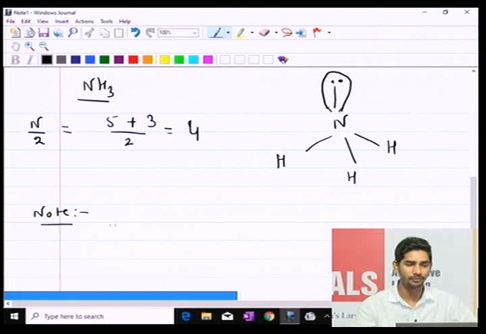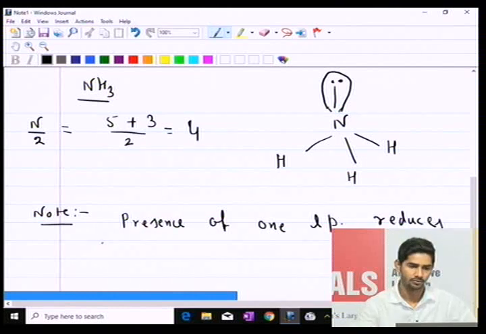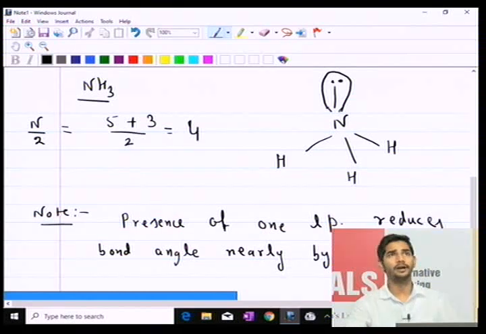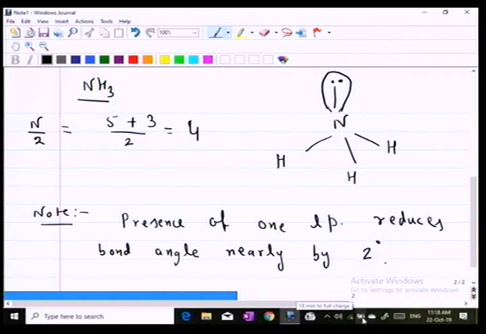You can simply remember: presence of one lone pair reduces bond angle nearly by 2 degrees. Guys, this is not hard and fast, that it will be reduced by exactly 2 degrees. It will be nearly 2 degrees.